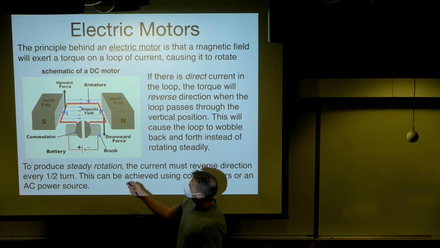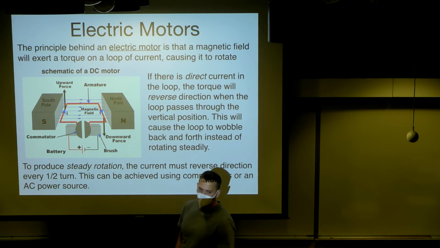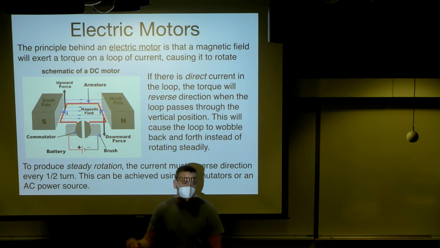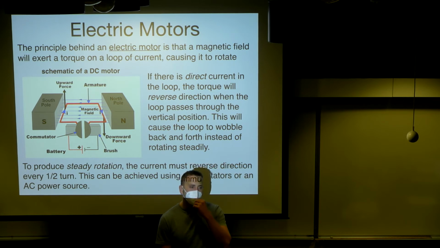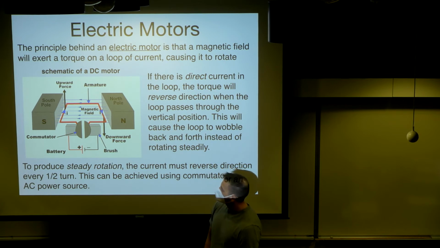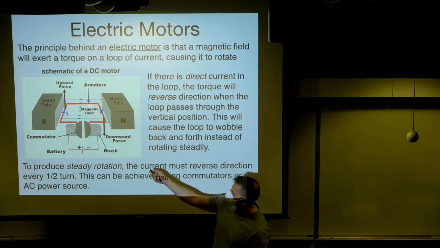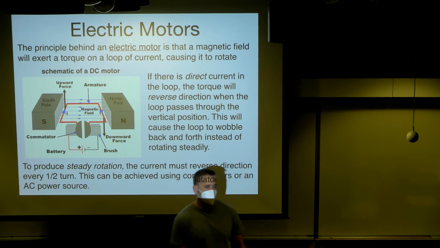So what we do is we run some current through that loop. We can easily do that by just connecting the loop to a battery, right? That would be a DC motor, by the way. If we just connect our loop to a battery, you're going to have direct current flowing through it, in which case you'll have a DC motor. So again, this loop is going to have a torque exerted on it.